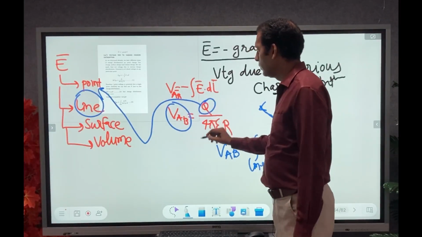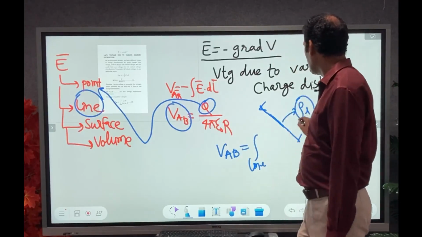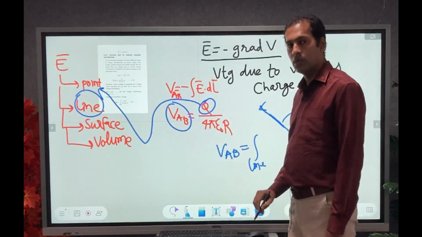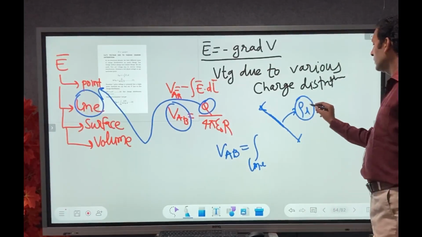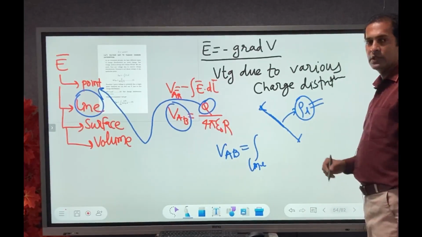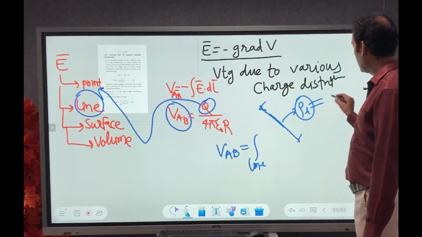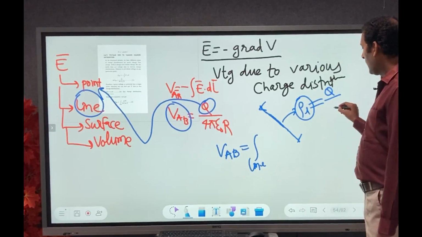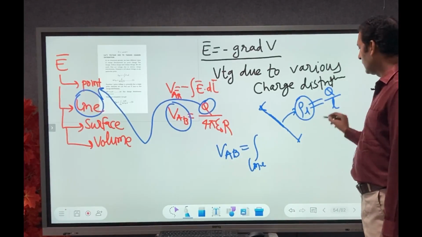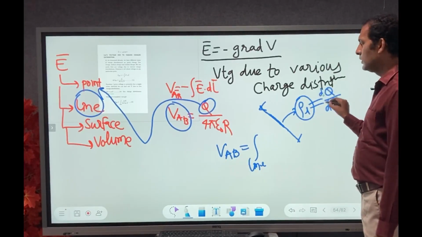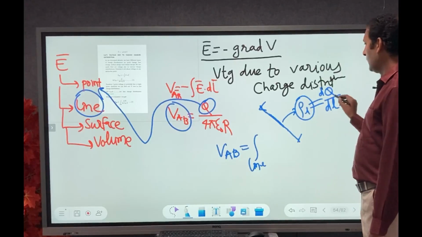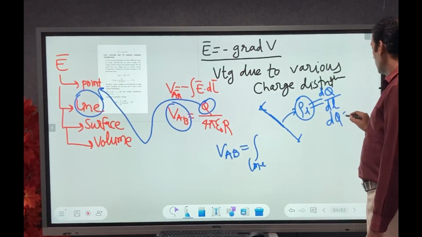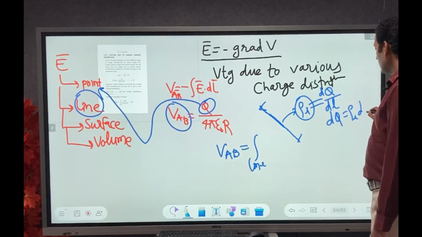Just in place of Q, what will we keep? We have to see what rho L is. What is the relation between rho L and Q? Rho L is the line charge density. Any density is given by the charge per unit measure. The density of line charge is Q by some length dl, so we have dq by dl. From here we can say dq is equal to rho L dl.